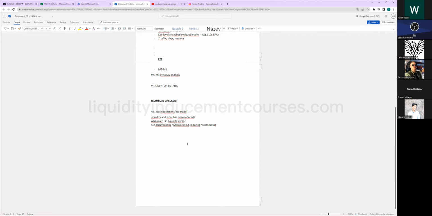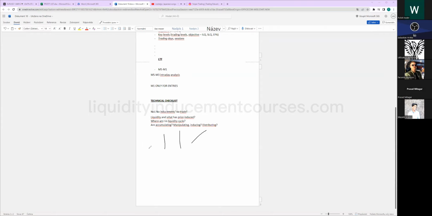Meaning the real move is happening, right? So this is something you should have identified as well, 100%. And then your trading plan will be based on one of those.